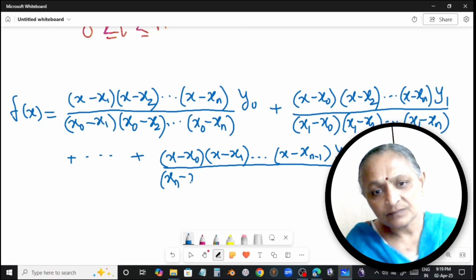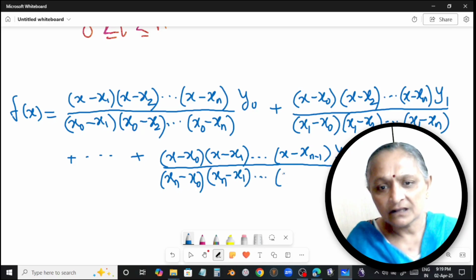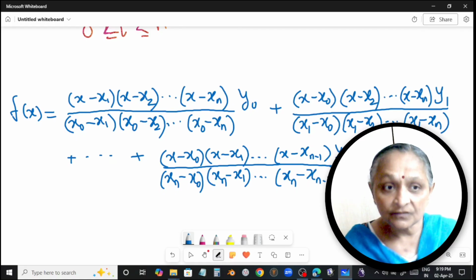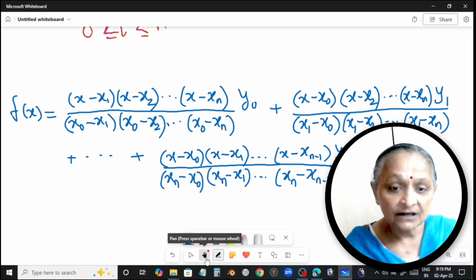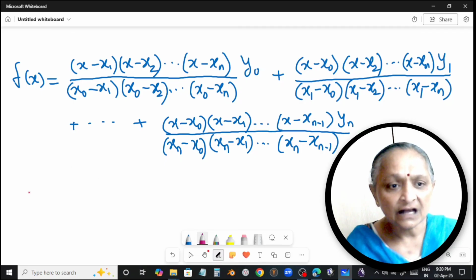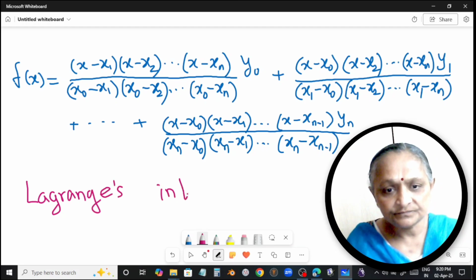So xn minus x naught, xn minus x1 multiplied and so on, xn minus xn minus 1. So whatever we are watching on our screen is known as Lagrange's interpolation formula.